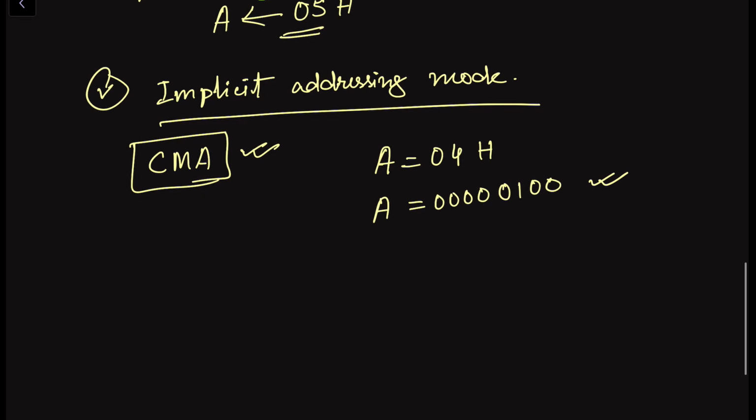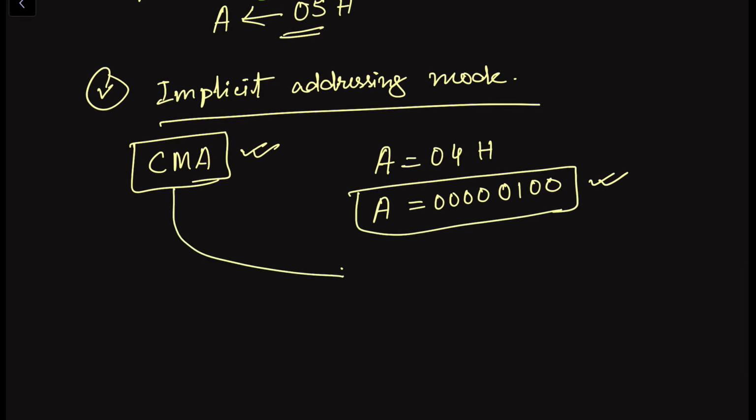All of these binary bits will be complemented. Whenever we have 0, it will be replaced with 1, and whenever we have 1, it will be replaced with 0. So it will be 11111011, after going through the instruction CMA, complement the content of the accumulator.